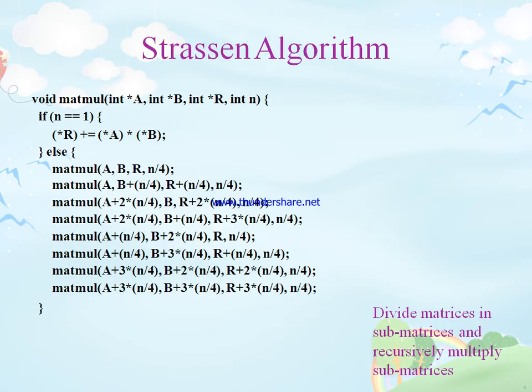Strassen's algorithm divides the matrices into a number of partitions and multiplies those. So if n equals 1, then R equals R plus A into B. If the dimension is 1, there is no need to perform multiple multiplications. If n is greater than 1, then matrix multiplication of A, B and resultant matrix R, of dimension n by 4.